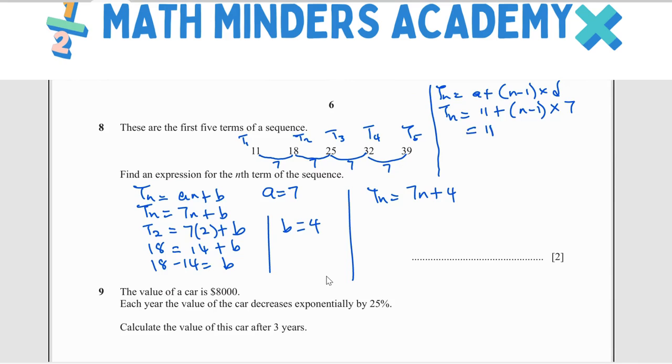So this is 11, open this bracket using 7, you have 7n minus 7. And 11 minus 7 is 4. It gives us the same. Either formula will walk us through to the required nth term. So this is 7n plus 4.